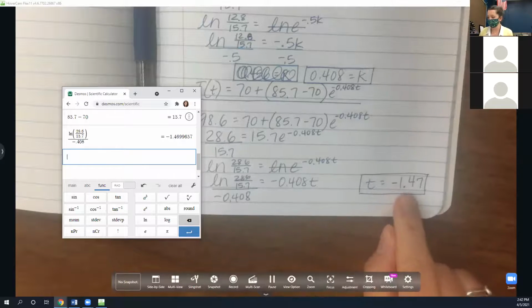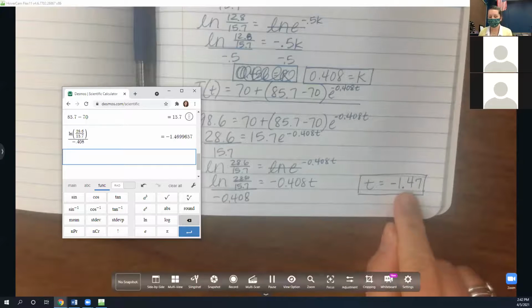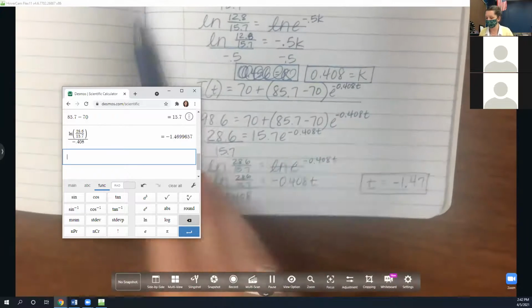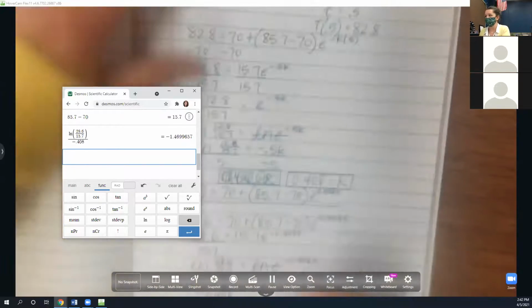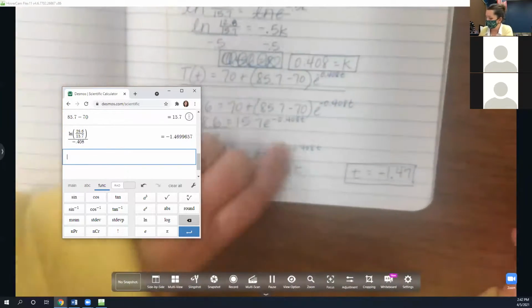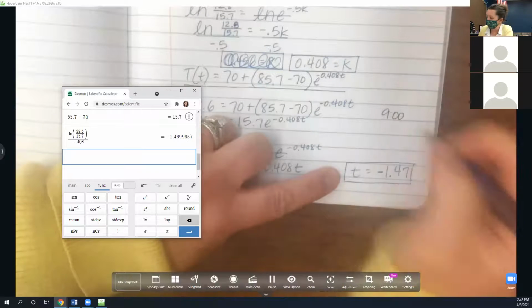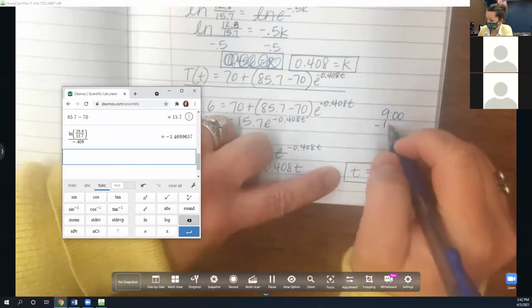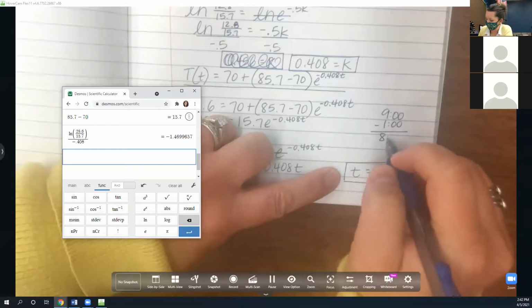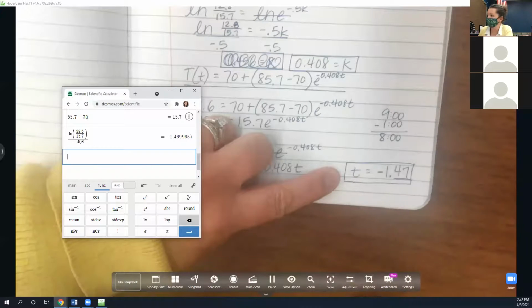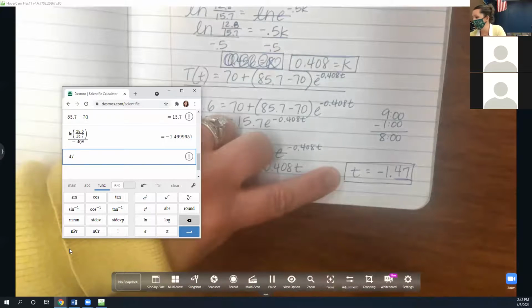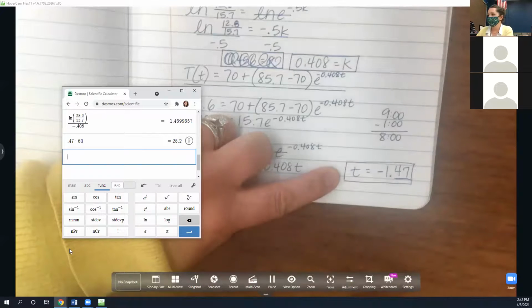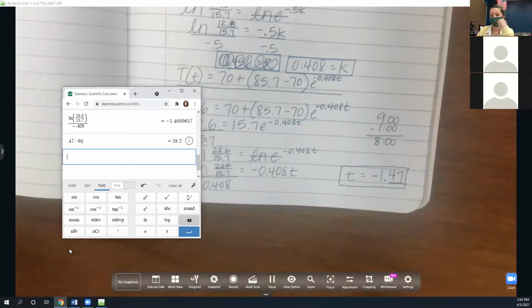All right, let's think about this because it's minus, right? Minus 1 hour. So if my initial time was 9 o'clock, I'm starting at 9 o'clock and subtracting 1 hour, that gets me to 8 o'clock. Then I'm subtracting this 0.47. So I want to know how much of an hour is 0.47. It's 28.2 minutes, but it's not 28.2 minutes after 8 o'clock.